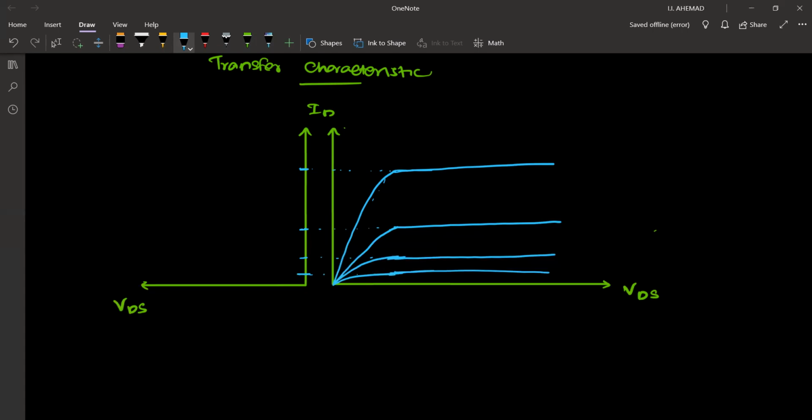For VGS is 0, we get this value. For VGS is 1, we get this value. For VGS is 2, we get this value. For VGS is 3, and for VGS is 4, it's 0. Now you can plot this curve.